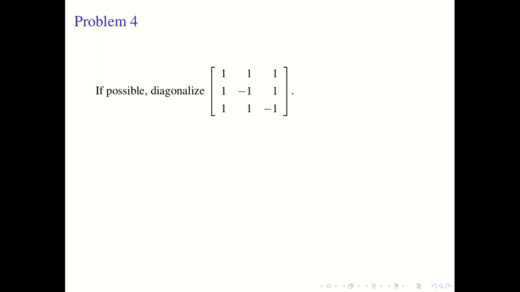Now let us look at the next problem. Diagonalize the given matrix if possible. So this one we are not giving you the entire solution, we will only give you the eigenvalues, and then computing eigenvectors and computing P will be left as your job.